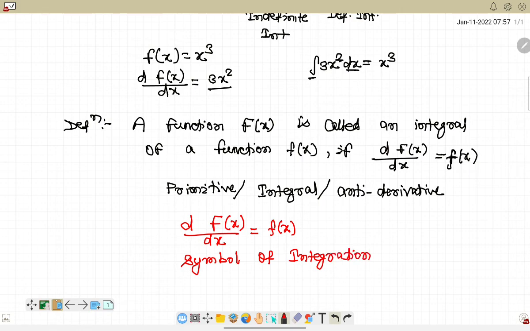So we can write capital F(x) is equal to the integral of small f(x) dx. If we differentiate capital F(x), then we will get small f(x), or if we integrate small f(x), then we will get capital F(x). This is the relation between differentiation and integration: both of them are inverse of each other.